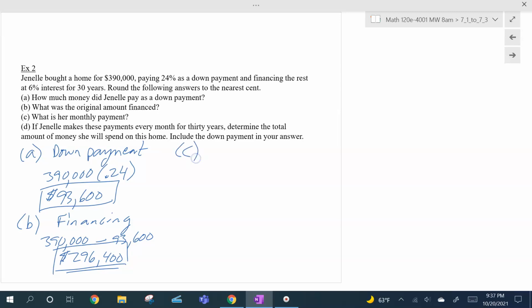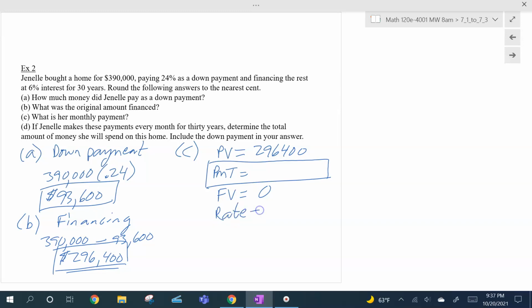So let's punch this into our financial calculator. She's financing $296,400. That's her present value. We're going to figure out what her payment is per month. The future value of the loan, once she's made all her payments, she'll own the house outright after 30 years, so the future value of the loan will be 0. It says her interest rate is 6%.